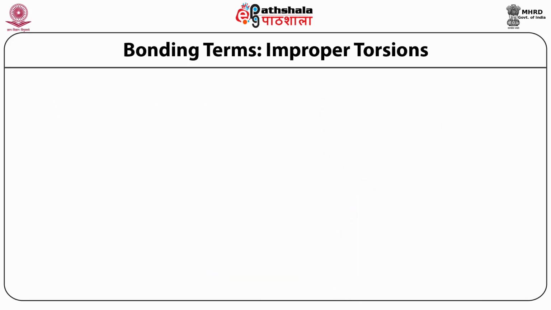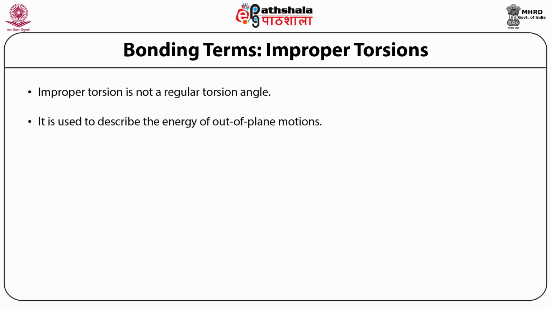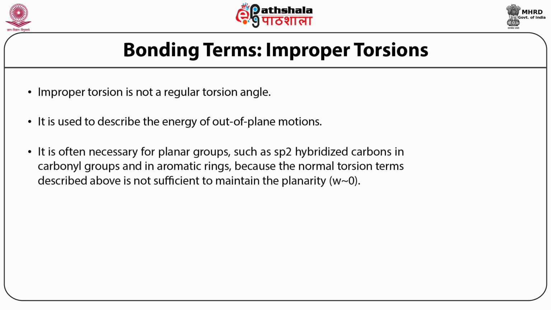Here I show you how to take care of improper torsion. As I have discussed earlier, out of plane motion also contributes to the energy. Most often the planar peptide unit, sp2 hybridized carbons or aromatic rings, sometimes even sp hybridized carbons, like to be planar.